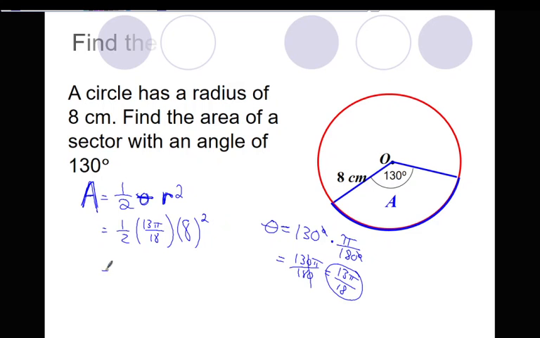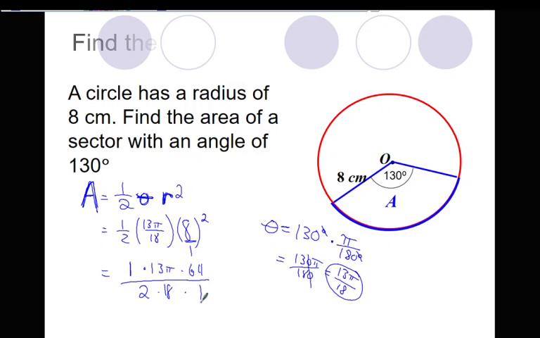So we simplify this. Now remember, when you're multiplying fractions, you multiply straight across. So technically I put the 8 squared over 1 so that I have 3 fractions being multiplied. So in the numerator, I'm going to get 1 times 13 pi times 64 over 2 times 18 times 1. Now I'm doing this for a very specific reason.